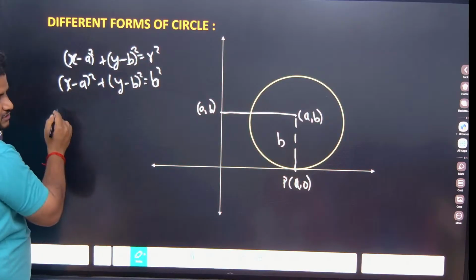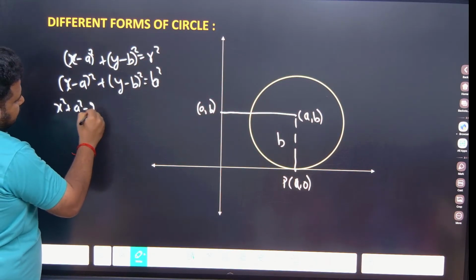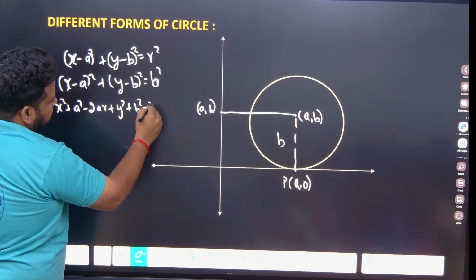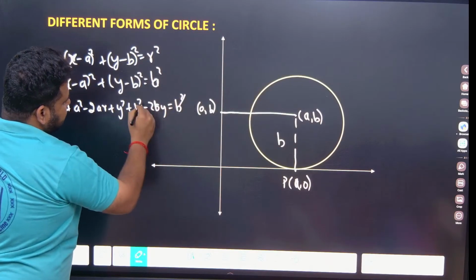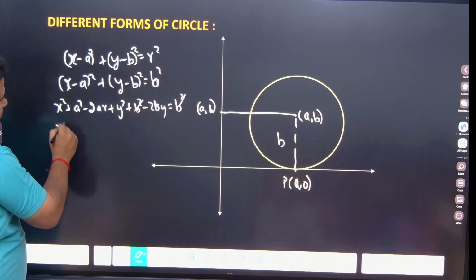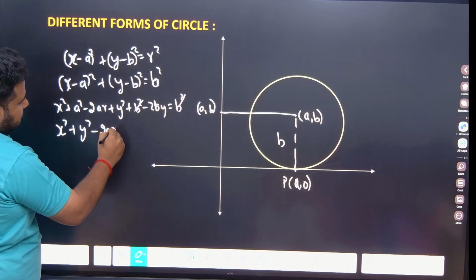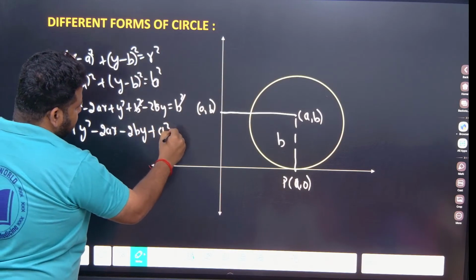Now if I expand this, it becomes x square plus a square minus 2ax plus y square plus b square minus 2by is equal to b square. B square cancels. I will have x square plus y square minus 2ax minus 2by plus a square is equal to 0.